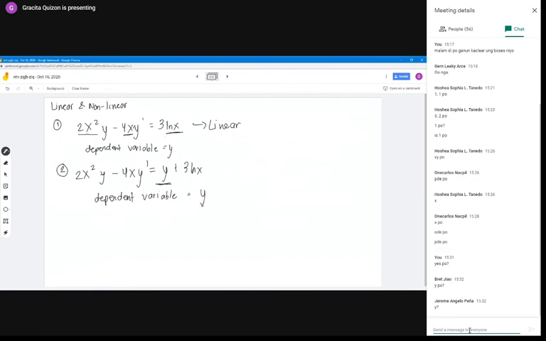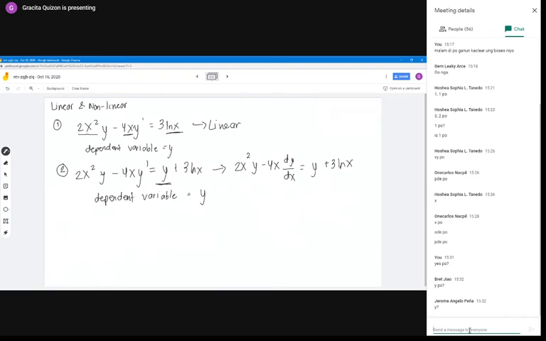First, the dependent variable and all of its derivatives occur only in the first degree. So they are only first degree, because if I rewrite this, it is 2x squared y minus 4x dy over dx is equal to y plus 3 ln of x. Do you agree that our dependent variable is only first degree?